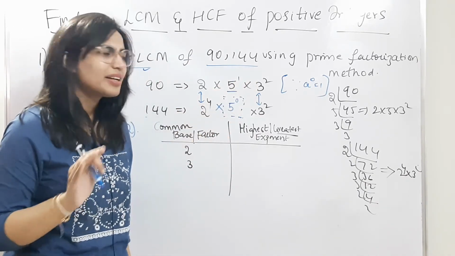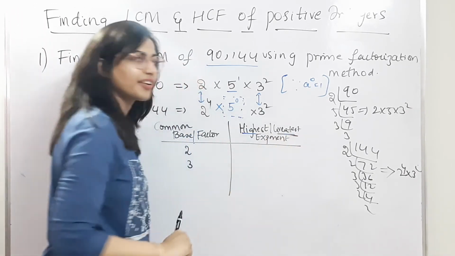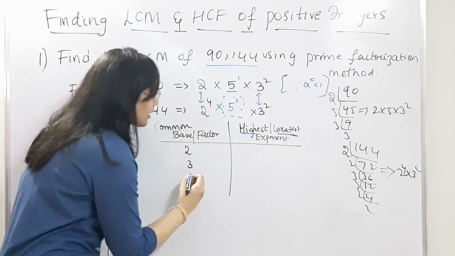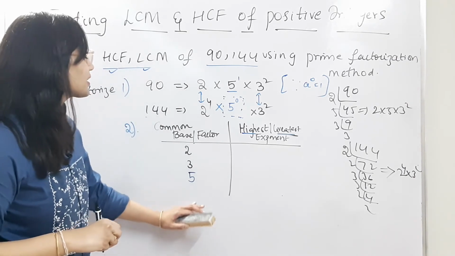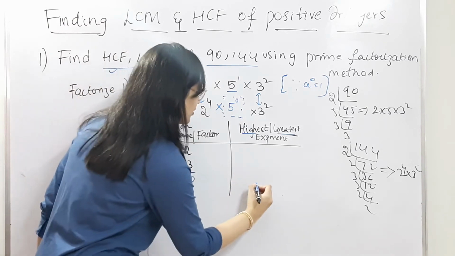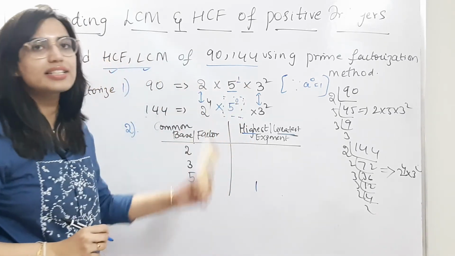Yes, but in theory, we need to get the highest or greatest exponent of a common factor here. So, if we write 5 here, what is the greatest exponent of 5 that you can put in here? 1. Because out of 0 and 1, we know for a fact that 1 is greater than 0.